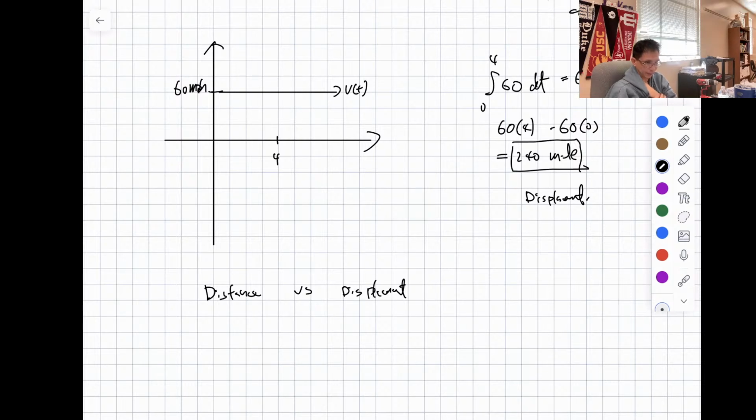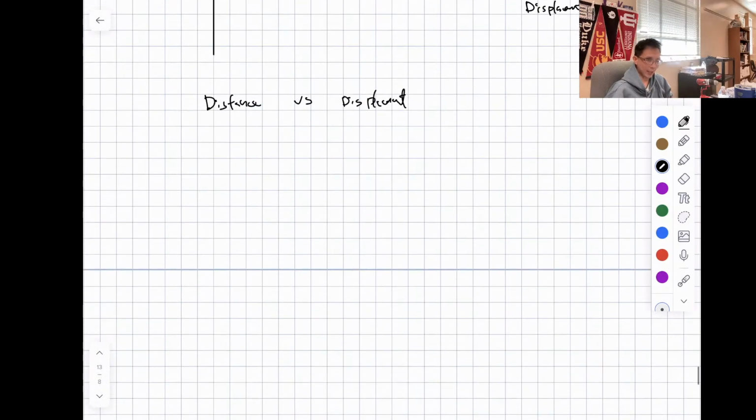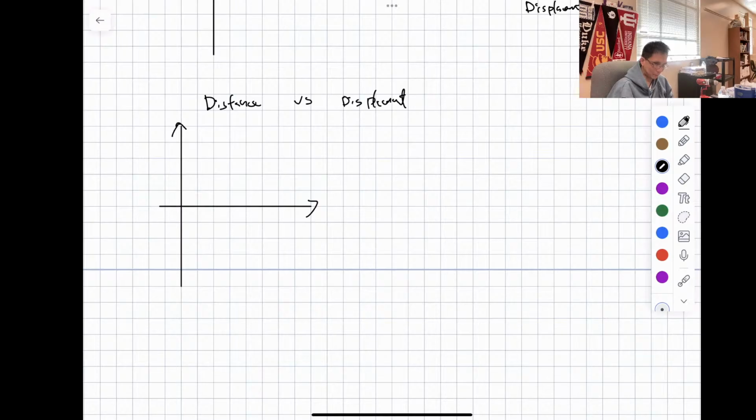Okay, that's good. Distance and displacement. So let's say I have a velocity function like this, and this velocity function is over 7 seconds. Did the particle change direction?